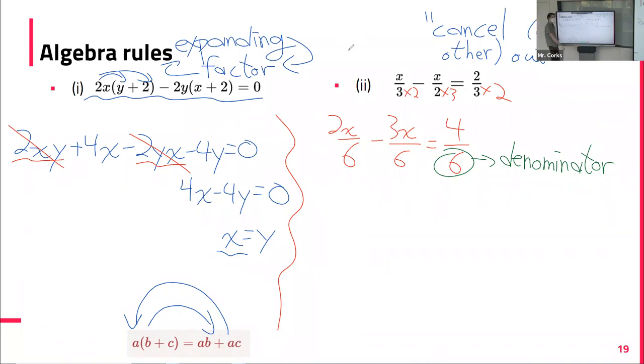So it's the same number on the bottom. So now we can multiply everything by 6 to eliminate it. So now we just get 2x minus 3x equals 4. And now this part is pretty easy. Negative x equals 4.